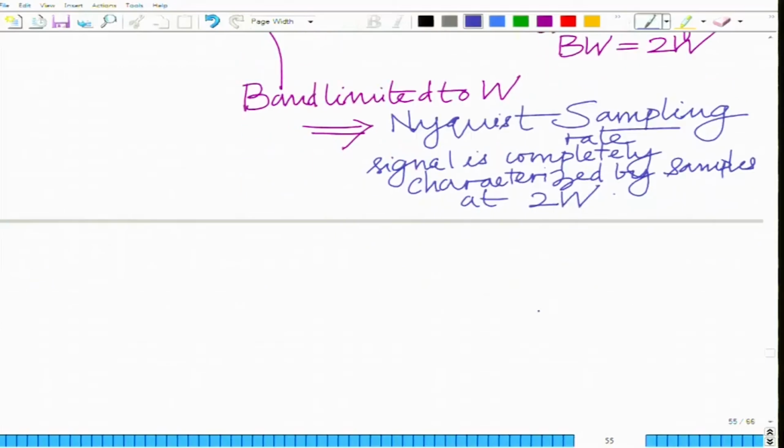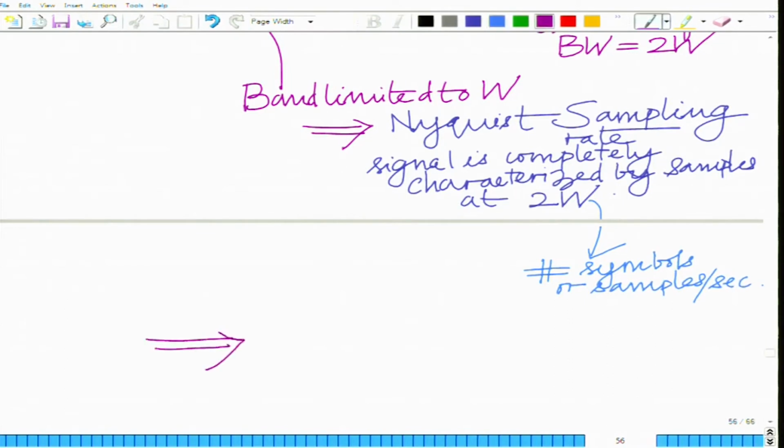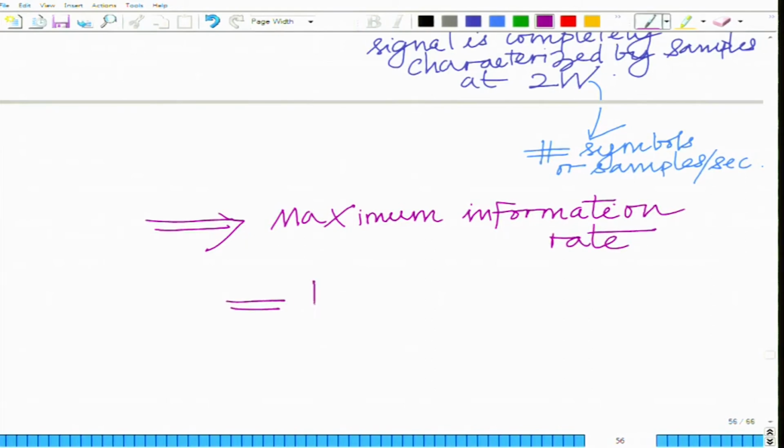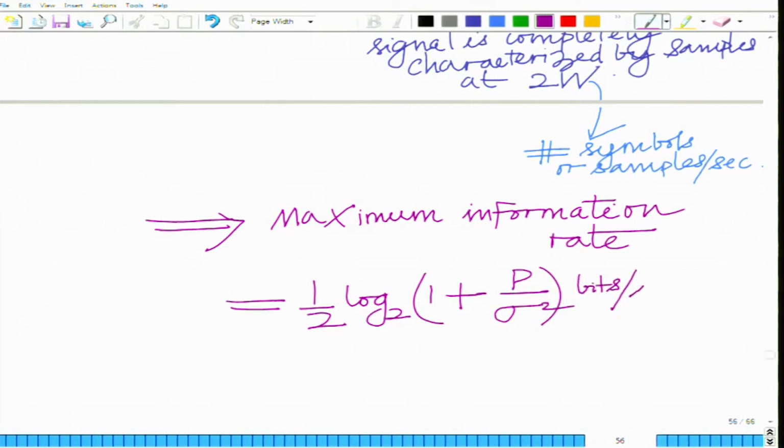Therefore, with the number of symbols or samples per second being 2W, the maximum information rate is equal to half log to the base 2 of 1 plus P over sigma square bits per symbol, times 2W symbols per second.